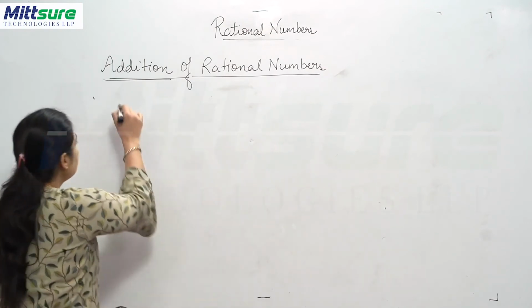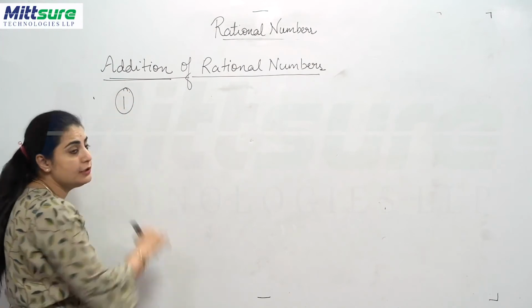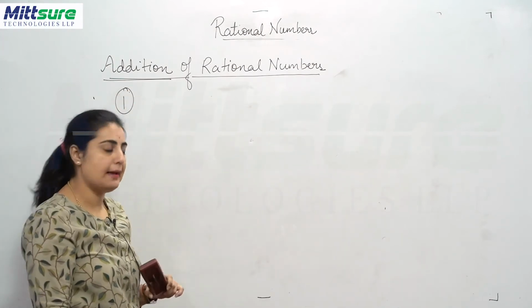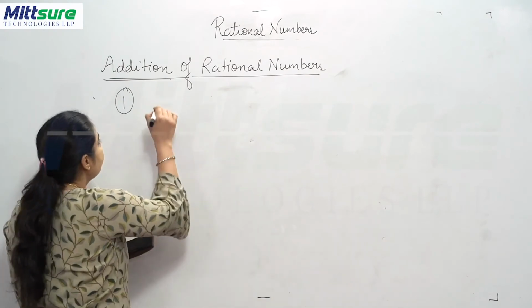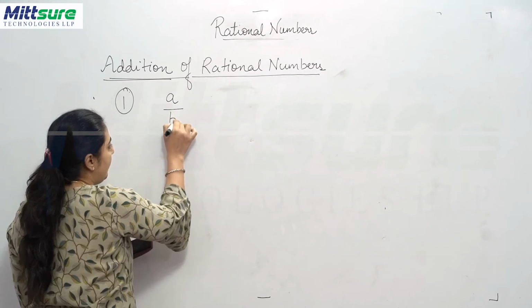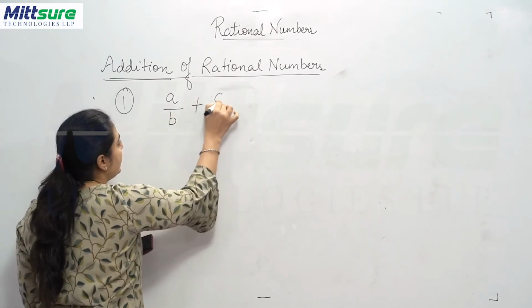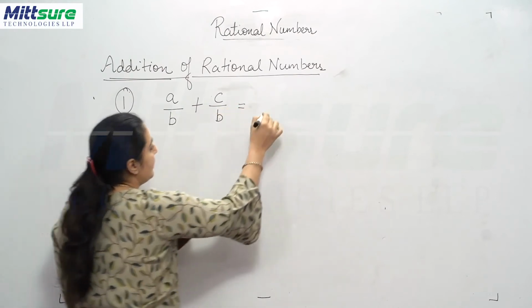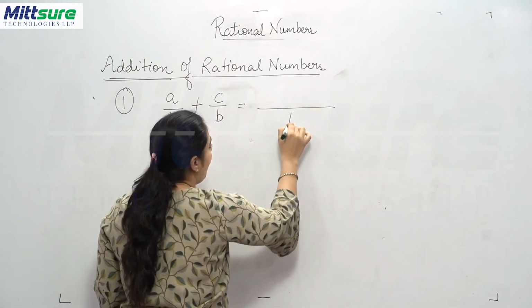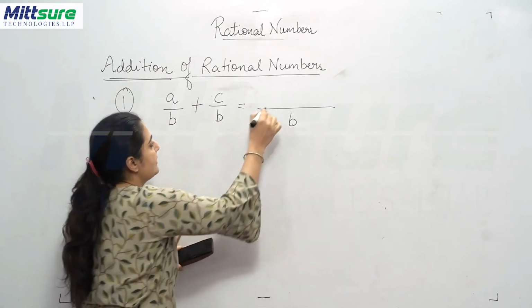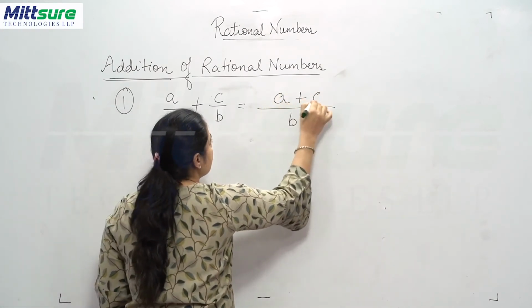I'll be using the symbolic form only to represent the 3 conditions along with one more example. The first condition says, suppose I have a rational number A upon B which is added to C upon B. In this case, there is a common denominator B and I simply do A plus C.